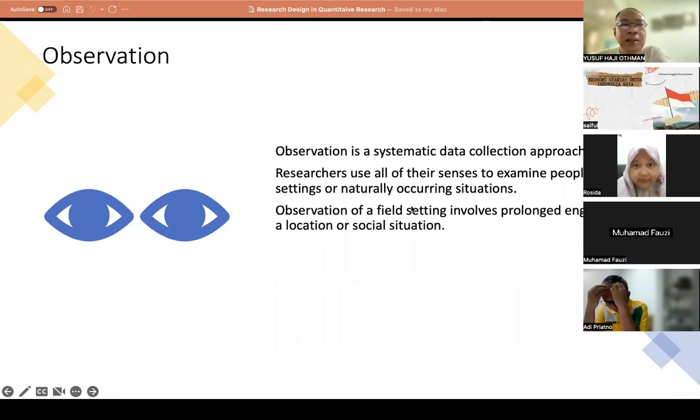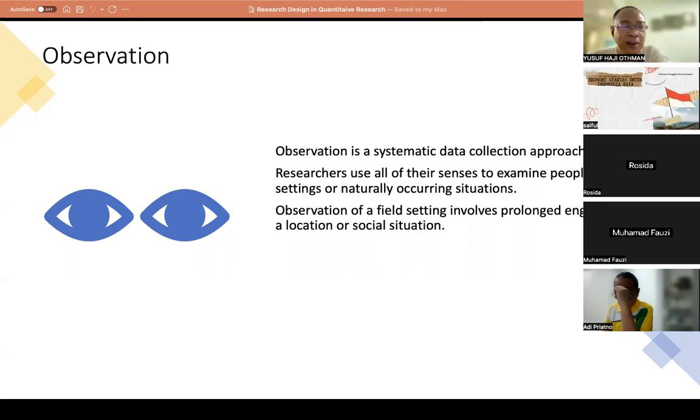Okay, let's continue with observation. So observation is a method used in qualitative research. So observation is a systematic data collection approach where the researchers go to a specific place or specific site to observe the behavior of the people.